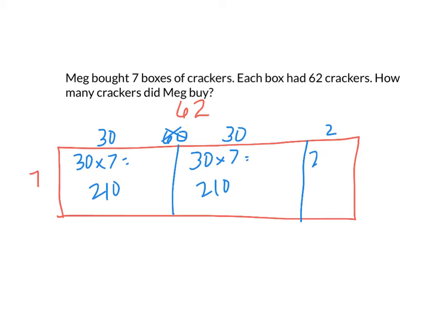And this is still 2 times 7. And my answer is still 434. So I have just solved 62 7 times, and I've gotten 434. Today you are going to practice that break apart strategy in your math journal.